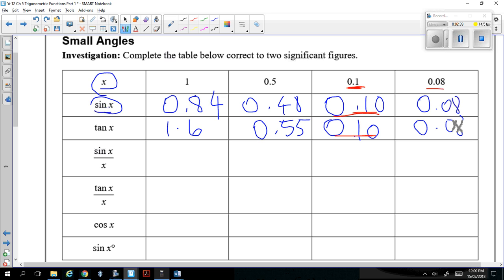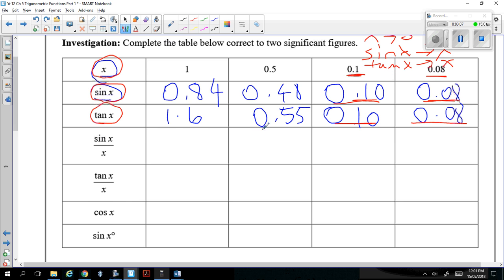So when x approaches 0, the value of sine x and x are almost the same. Sine x is approaching x when x approaches 0, and same for tan x as well. Tan x is approaching x as well, because the x value, the sine value and the tan value all become very close to each other.